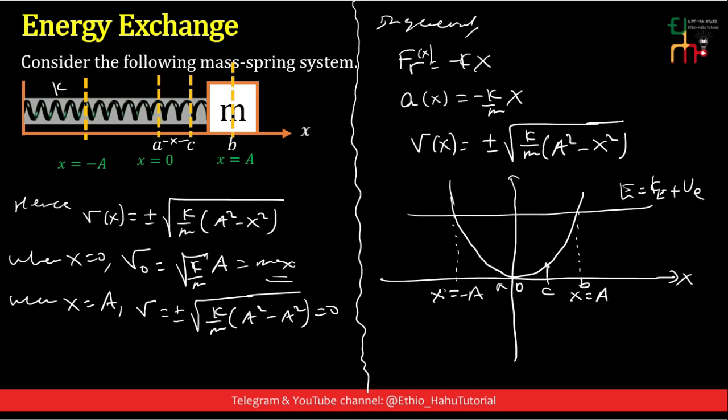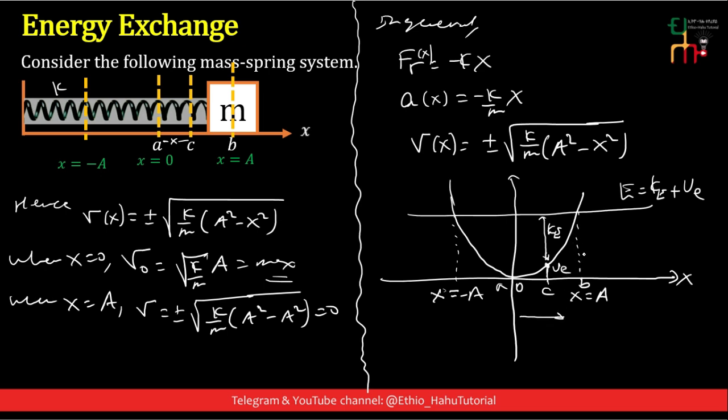At point C, we have both kinetic energy and potential energy. This is elastic potential energy, and this gap is kinetic energy. The sum of elastic potential energy and kinetic energy is simply total energy. As one moves from the lowest point of oscillation to the highest point of oscillation, this gap increases.